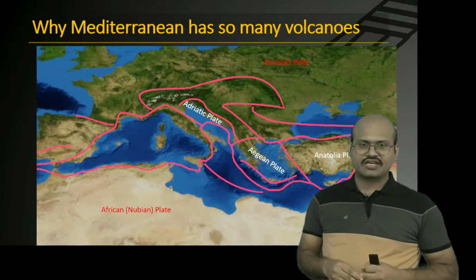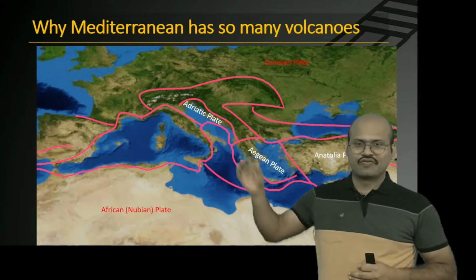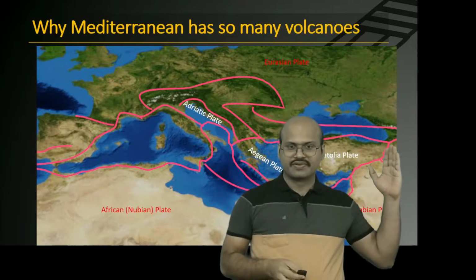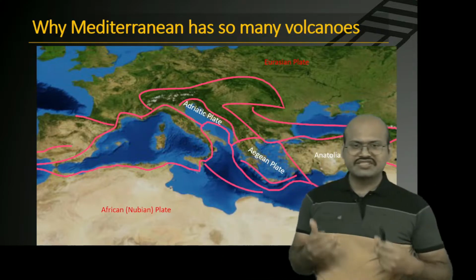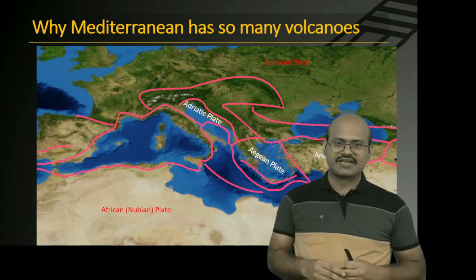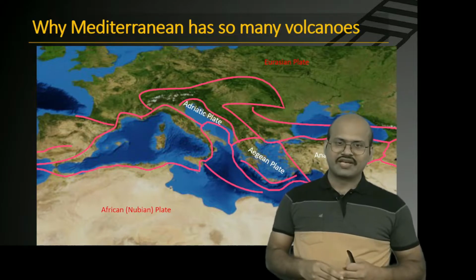There are so many subduction zones which create volcanoes. There are so many continent-continent collision zones which have created mountains like our Alps, even Zagros here. So this region is tectonically very active because there are a large number of minor plates, and each of these plates creates tectonic boundaries, and we have already known that tectonic boundaries are rich sites for the formation of volcanoes.